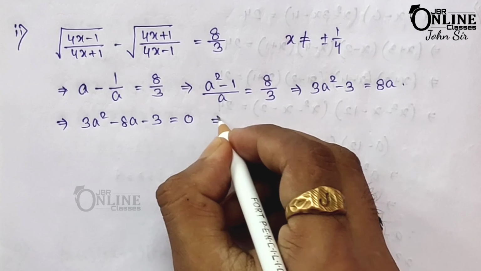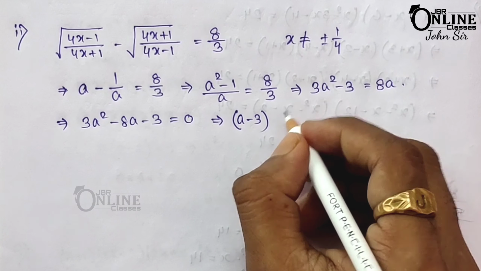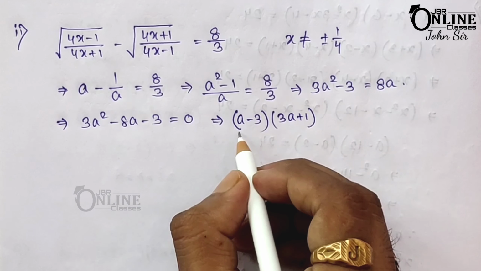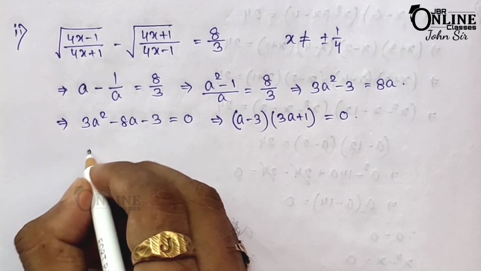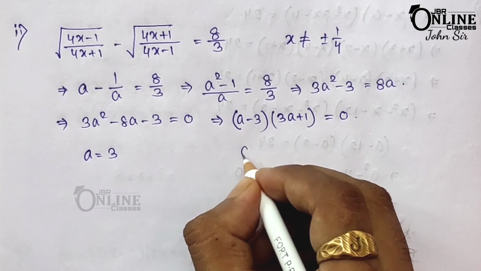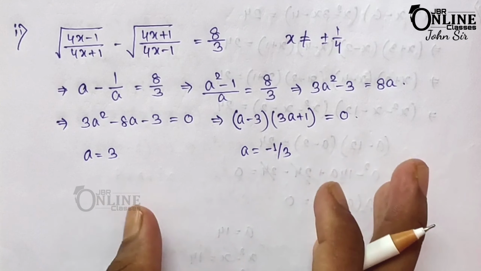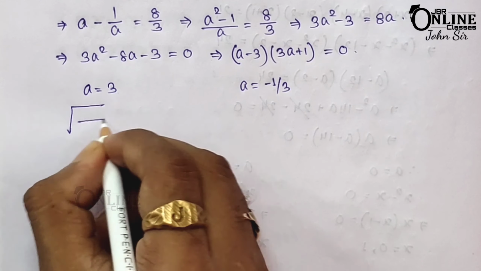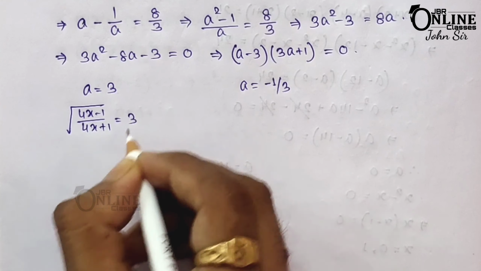So now if you factorize this one, you will get a minus 3 into 3a plus 1 equals 0. So either a equals 3 or from this one a equals minus 1 by 3. It's very easy. Now just put down the value of a. You know that root over 4x minus 1 by 4x plus 1 equals 3.